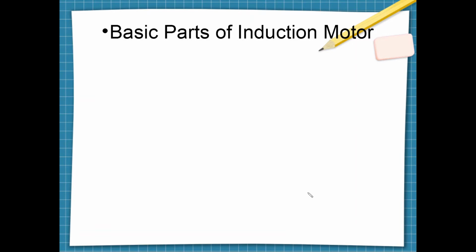Now I will cover the basic parts of induction motor. Stator, as you got to know in the previous slide. Stator is the stationary part of the rotatory system. Like in this induction motor it will be stationary, it will not rotate.